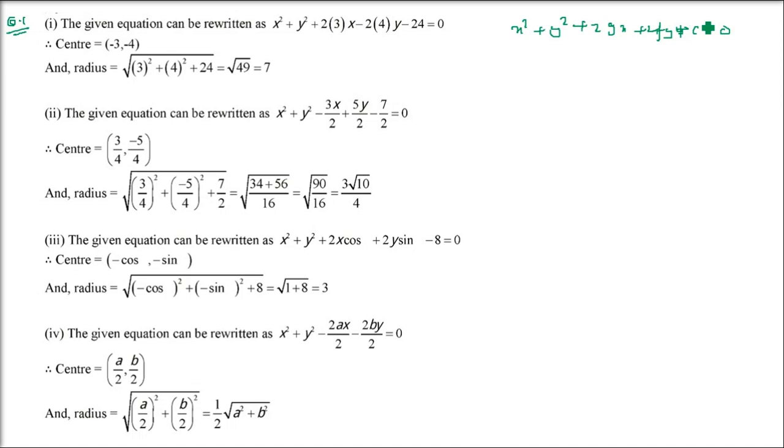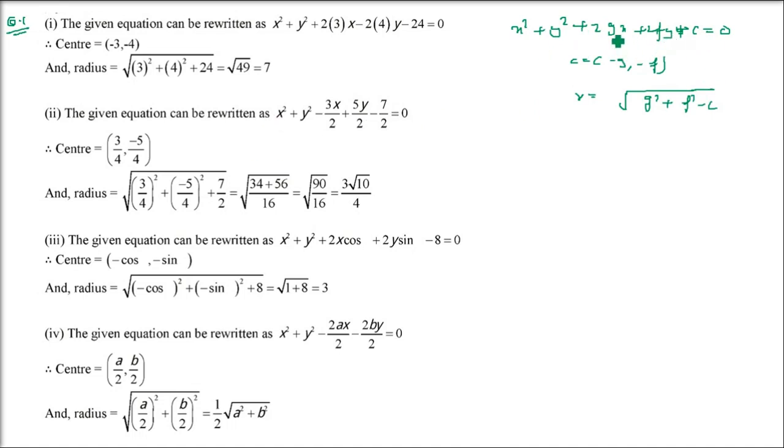Remember, it's not g, f, it's negative g, negative f. And the radius will be the square root of g square plus f square minus c.